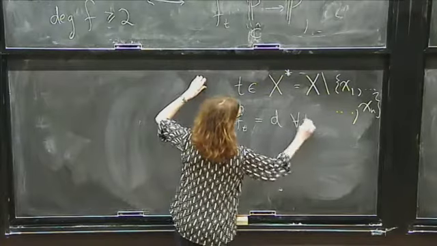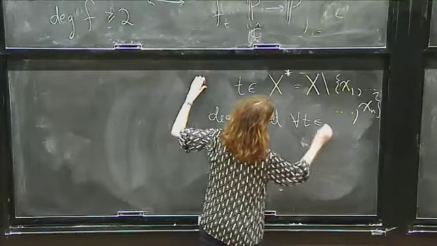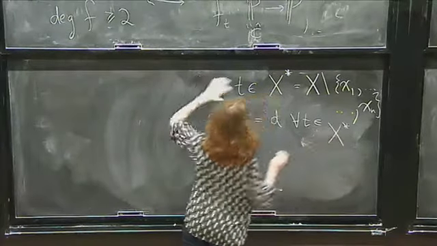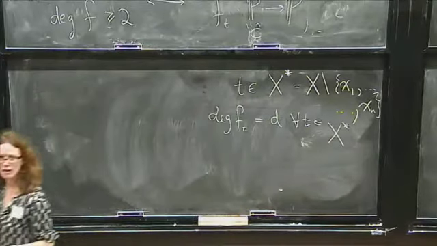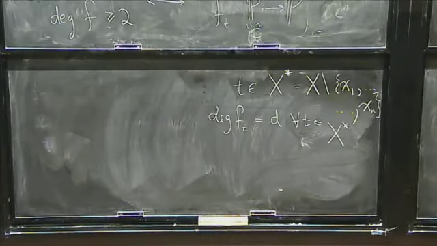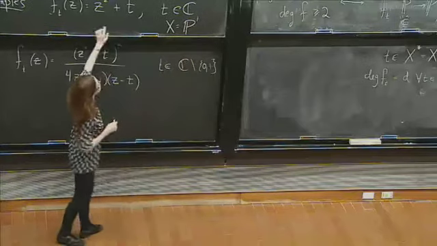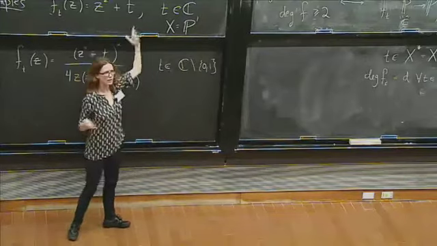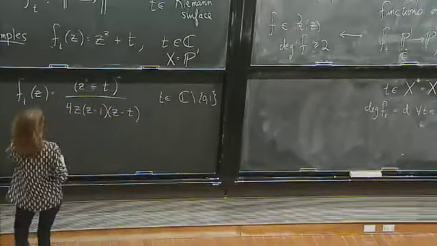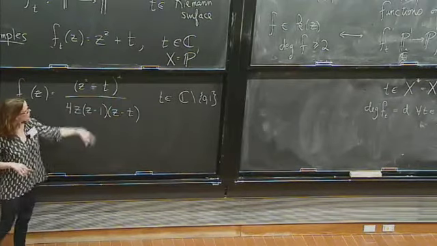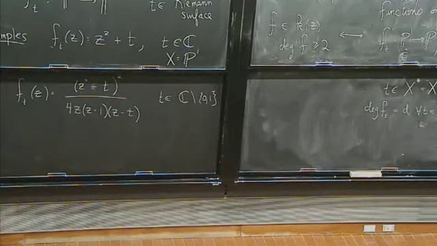X star just means that I'm puncturing the parameter space. Here, of course, X is P1, the Riemann sphere, in both of these examples. I have to remove infinity for this particular family, and here I have to remove t equals 0, 1, and infinity because it will have a drop in degree. Okay? So this is just the language I want to use. This is really the same thing.